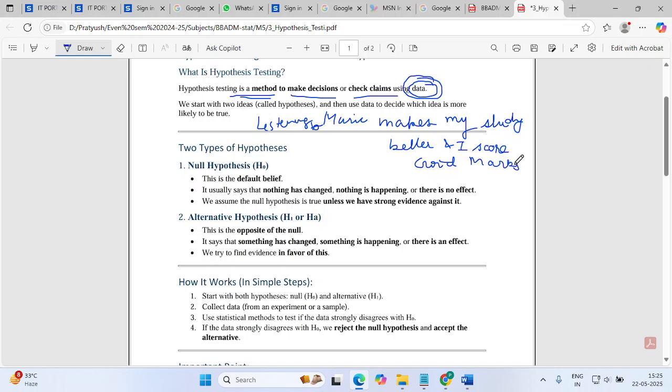Okay, let's say one of you makes this claim that when I listen to music, my study becomes better and I score good marks. Now, some people will say that music is distracting. If I listen to music, I'm not able to concentrate.